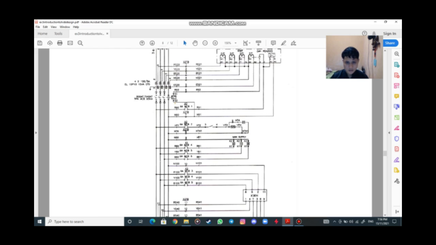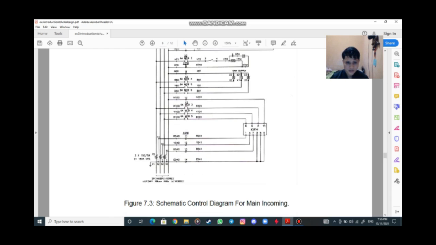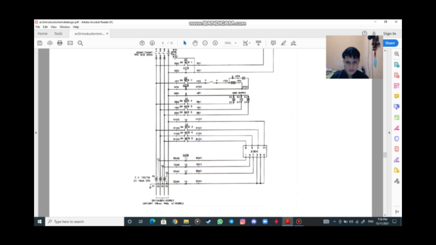The indicator has red, yellow, blue, and the incoming from TNB can be seen in the main supply. When it comes in, we can see it at this main supply. Once we energize, the red, yellow, blue lines will function. This red, this yellow and blue will function. They will shine in their colors.